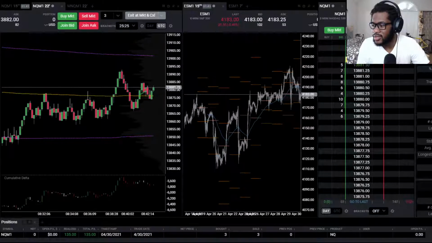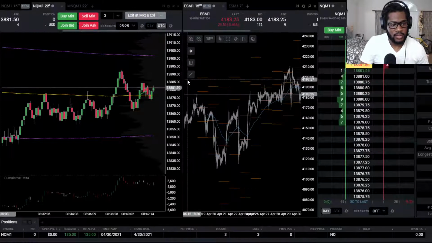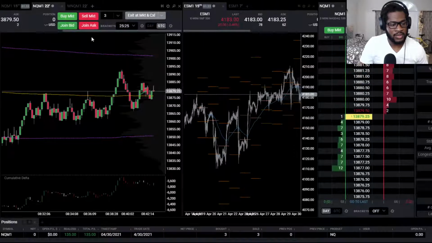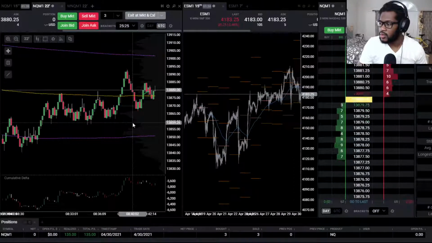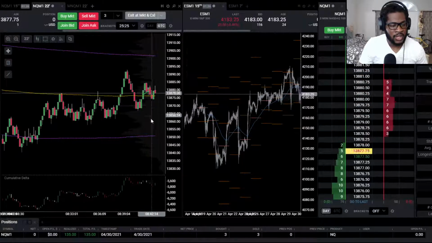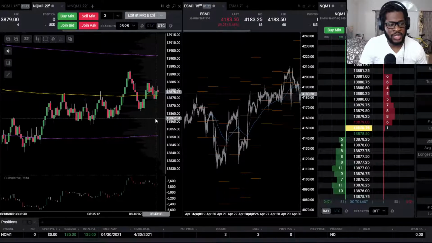That should do it. I think this wants to break here. Let's see if it pushes up or not. Still gonna be patient here and not jump in.